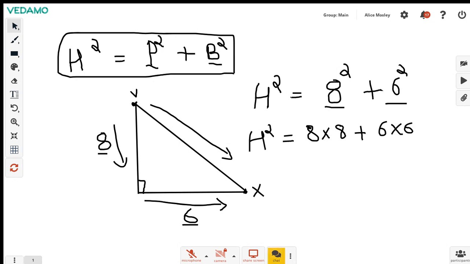Now h raised to power 2 is equal to 8 multiplied by 8, which is 64, plus 6 multiplied by 6, which is 36. Now h raised to power 2 is equal to 100.